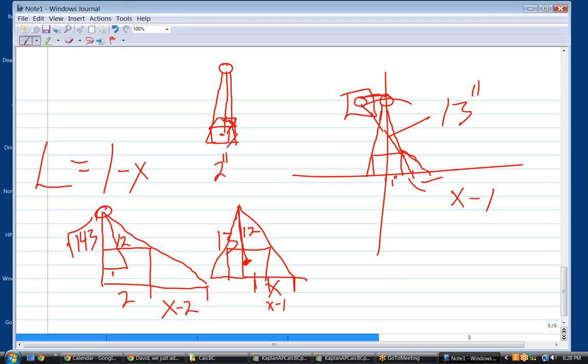Where does that leave us? We must be dealing with an angle here. In other words, this angle right here, theta, determines where that flashlight is placed.